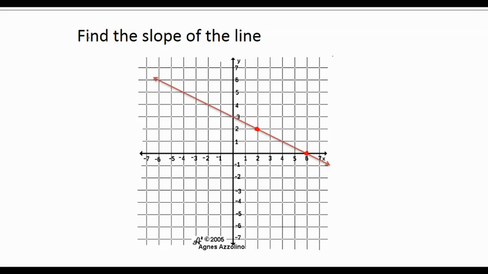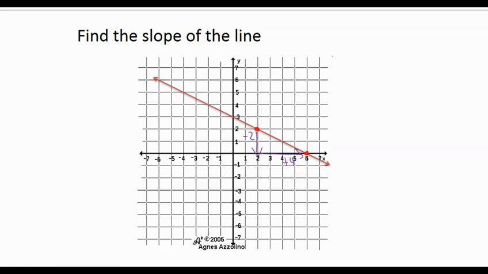So if I start at point 2, 2, I would go down 2. And notice, since I went down 2, I put -2. Because going down is negative. Going down and going left are negative. Going up and going right are positive. So I went down 2. Now I'm going to go right 1, 2, 3, 4. Right 4, I'm going to put +4 because right is positive.